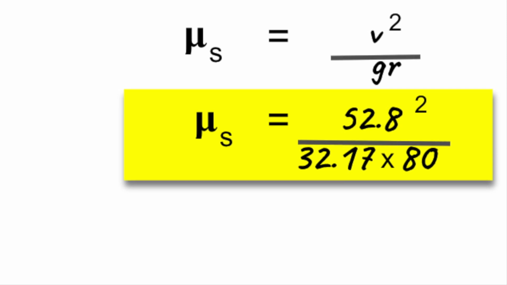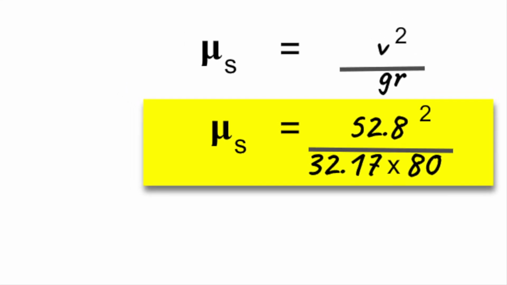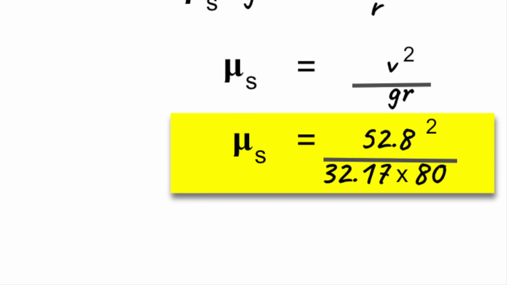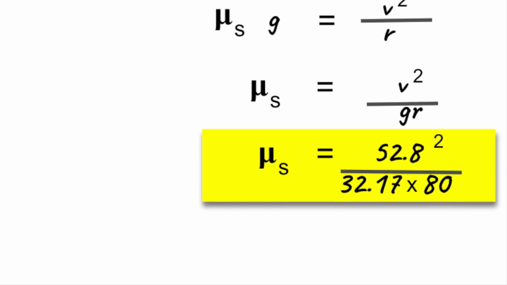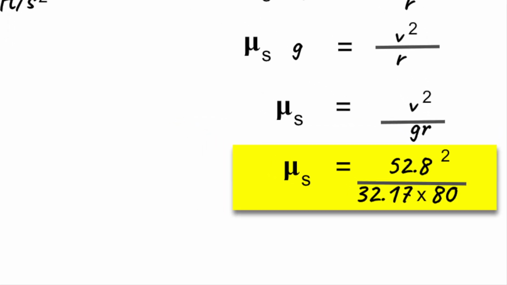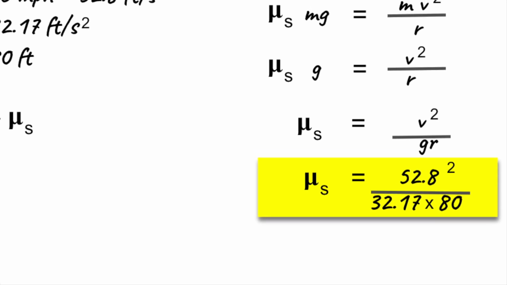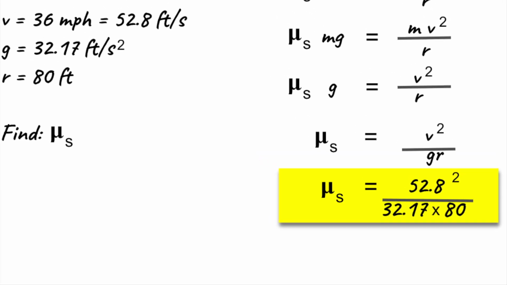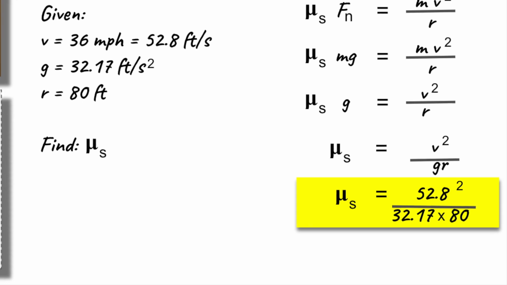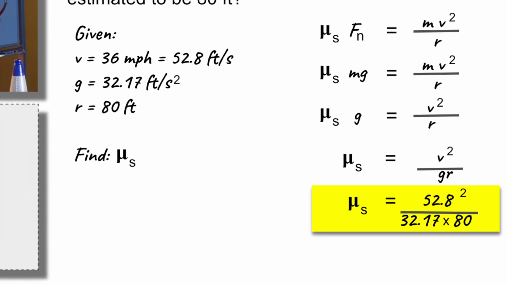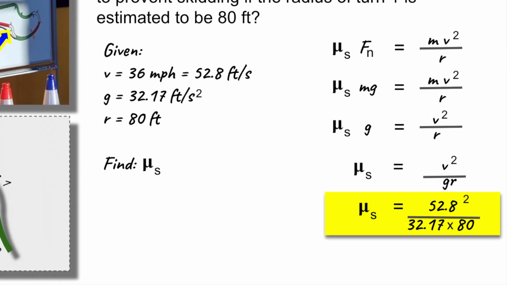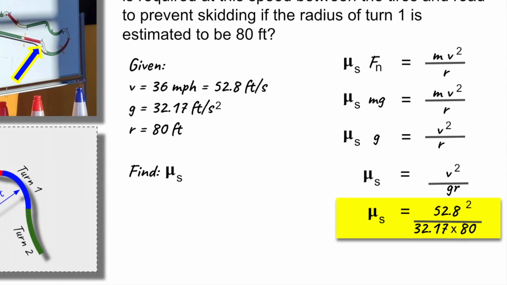Now we can enter all of our values. For the velocity squared, we have 52.8 squared, which is 2787.84 feet squared per second squared, over the acceleration due to gravity, which is 32.17 feet per second squared, times 80 feet.